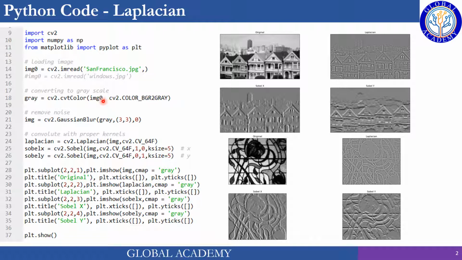Pass the original colored image and convert it from BGR to gray. Then we applied the Gaussian blur, which we discussed earlier, a 3x3 Gaussian, and then convolved with the proper kernel like Laplacian. So simply pass the blurred image, and then pass the data type, which is 64-bit floating point numbers.